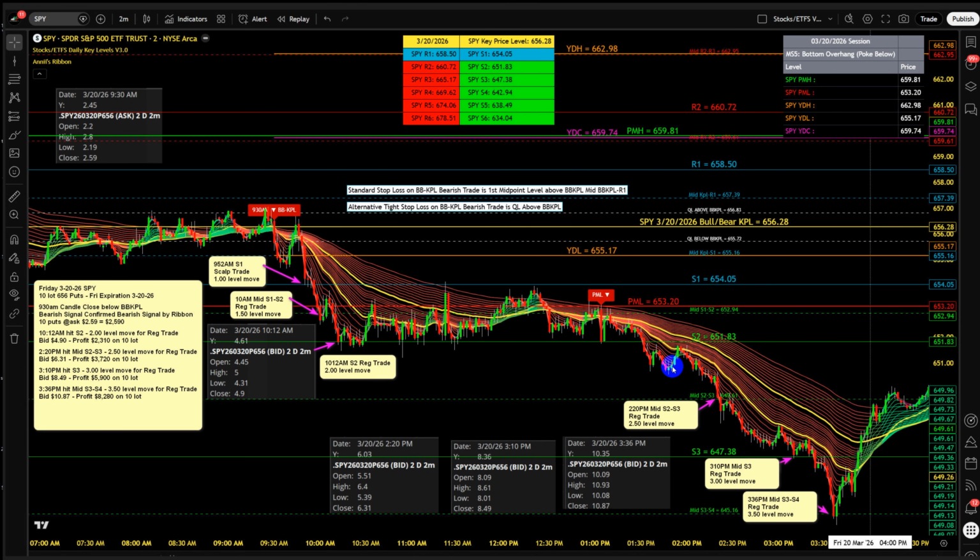And as the move continues to trend in your favor, once it hits either an additional midpoint level, main level, or one of these contextual levels in the direction of the trend after the minimum threshold 1.50 or 2.0 level move has been met, then those additional level hits become additional waypoints for decision making as to what you're going to do with the position you have left.